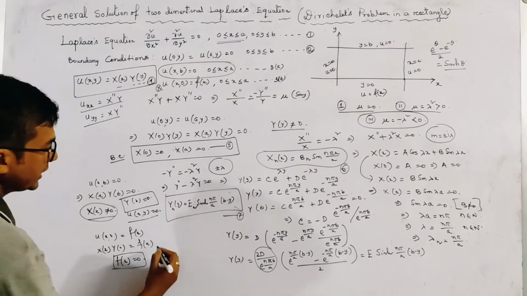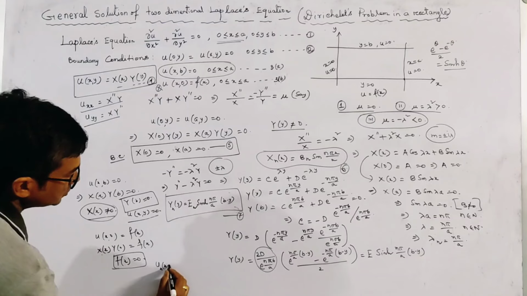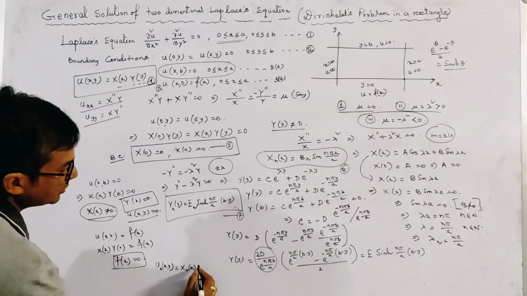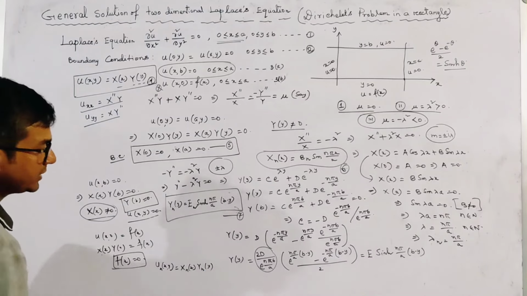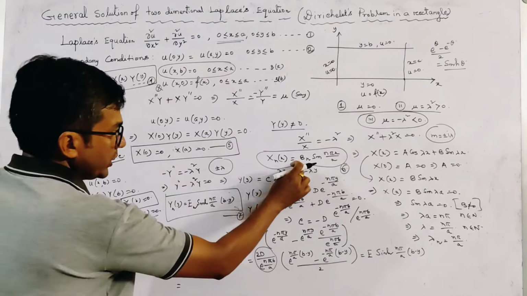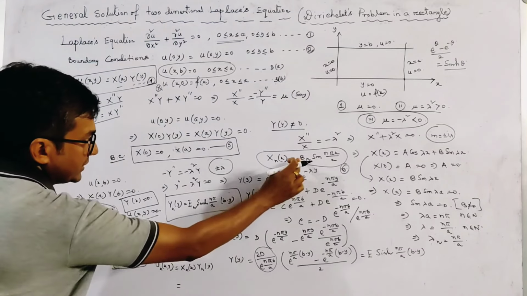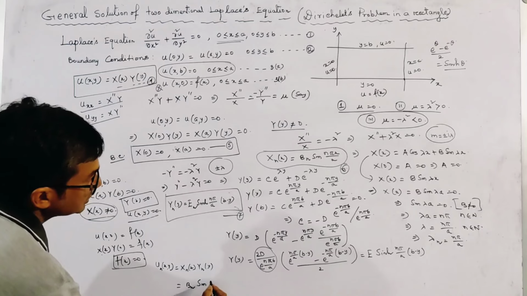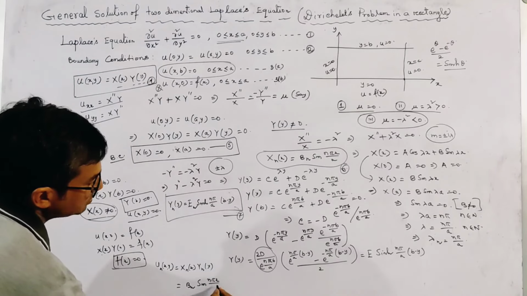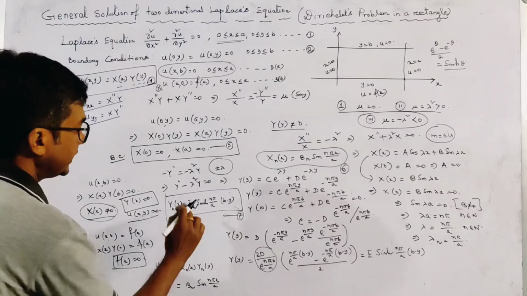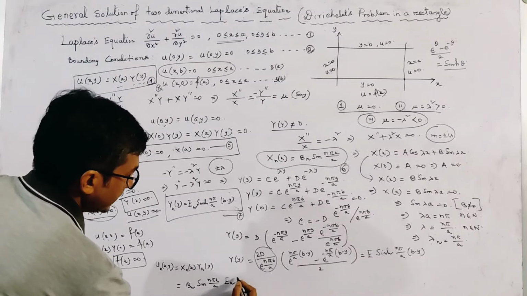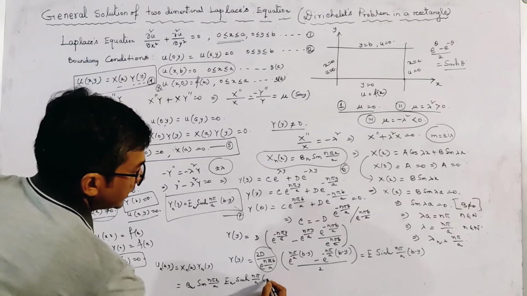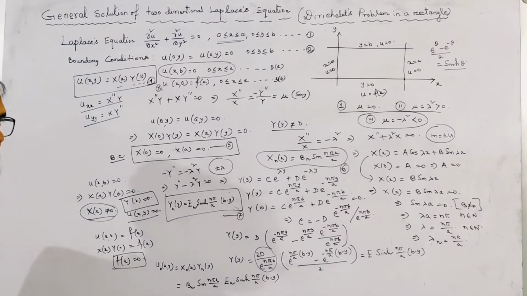So u n x y is given by x n of x into y n of y, and we write first the value of x n, this is b n into sine n pi x by a, into e n into sine hyperbolic n pi by a into b minus y, right?